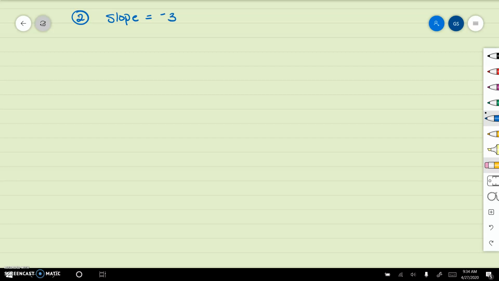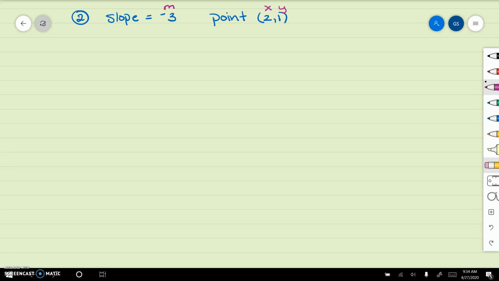And the point they're giving us is 2 comma 1. So the point that is on this line is 2 comma 1. All right, so what they're really giving us is an m, an x, and a y.